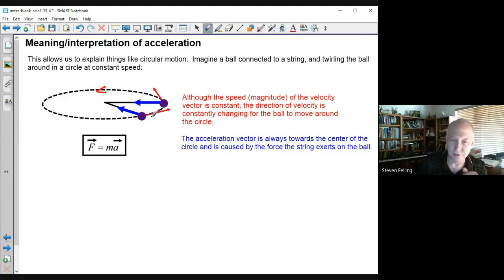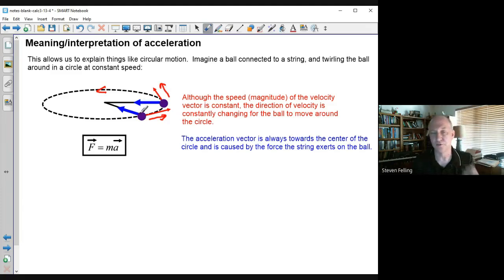At this instant, the velocity vector is in this direction, right? But then at a later instant, the velocity vector is in this direction. So even though its speed, the magnitude, hasn't changed, since the direction has changed, that means an acceleration is being imparted, right? And these blue vectors show the acceleration vector. In fact, the acceleration vector points in the direction of the force that's causing that acceleration.